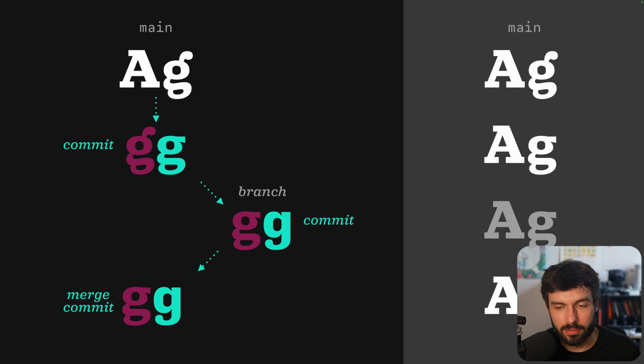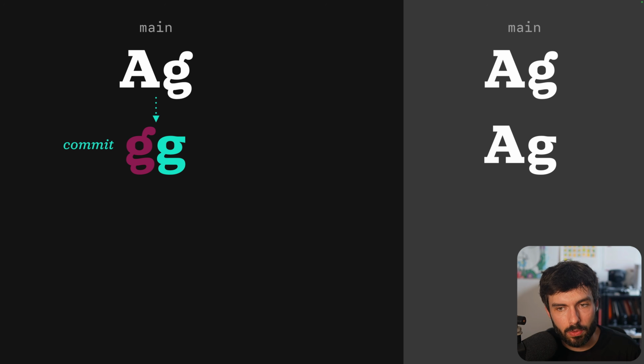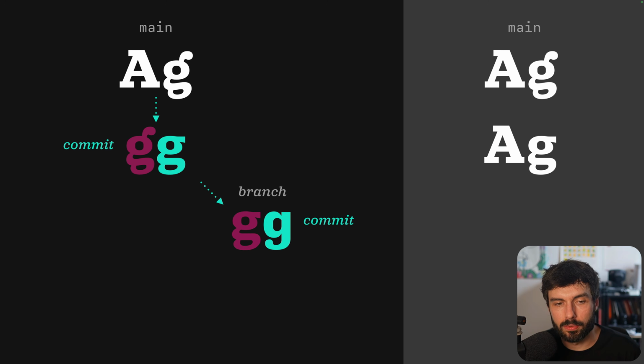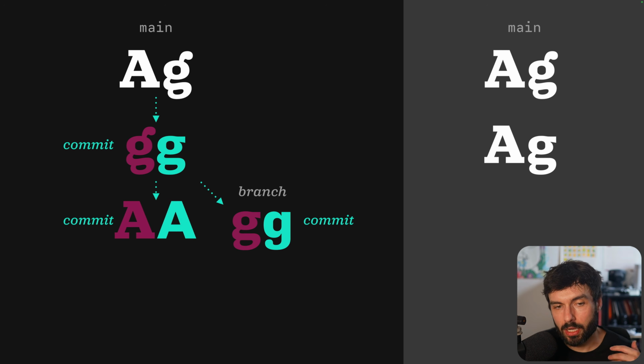You've got the project. If we alter this a little bit, it shows how useful Git is for working in a team of people. So you might be working on the lowercase of the font, and maybe your partner is working on the uppercase of the font, or your collaborator or whatever.